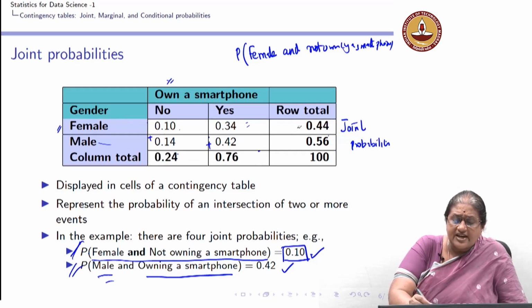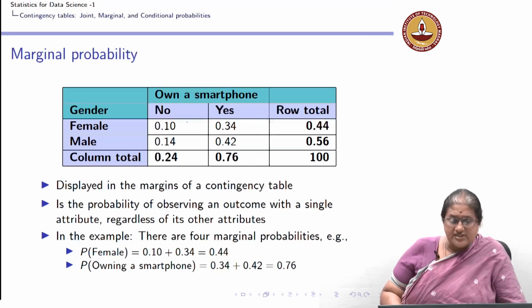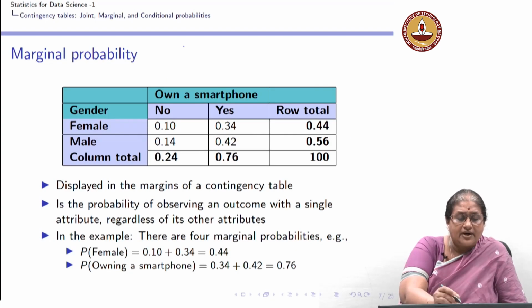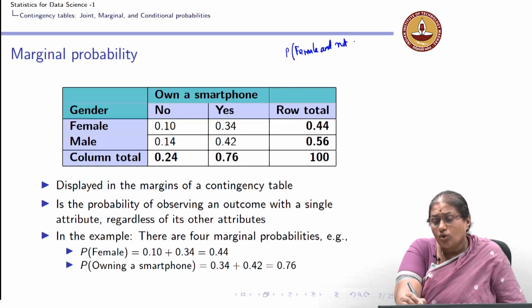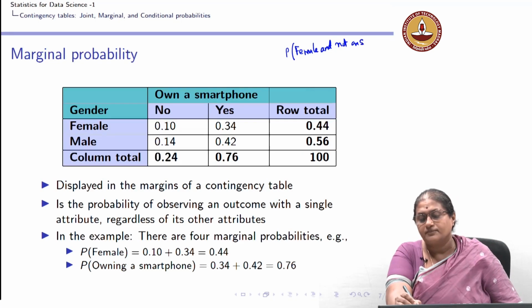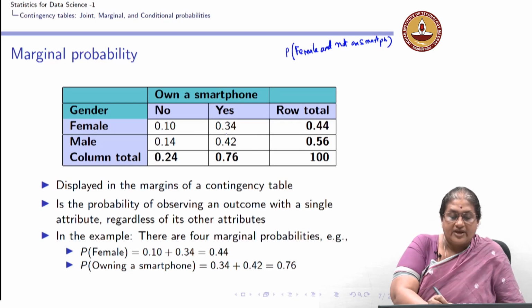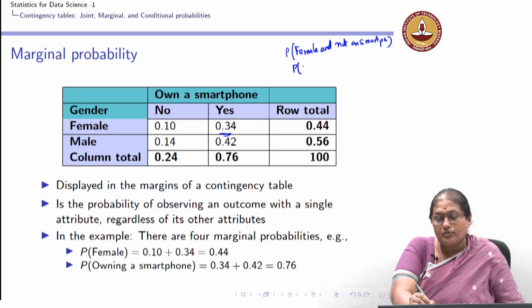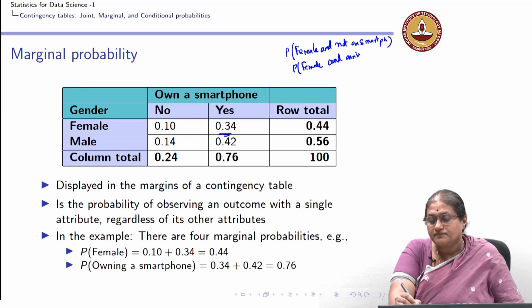Now, let us understand what this 0.10 is. 0.10 is nothing but the probability of being a female and not owning a smartphone, whereas 0.34 is the probability of being a female and owning a smartphone.